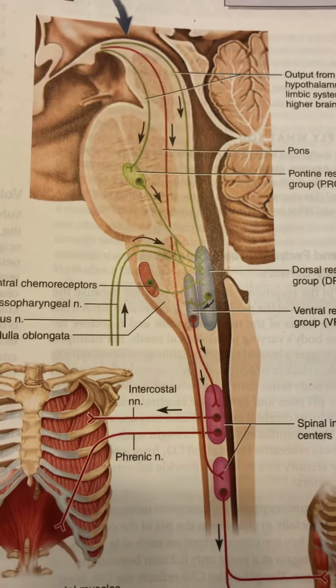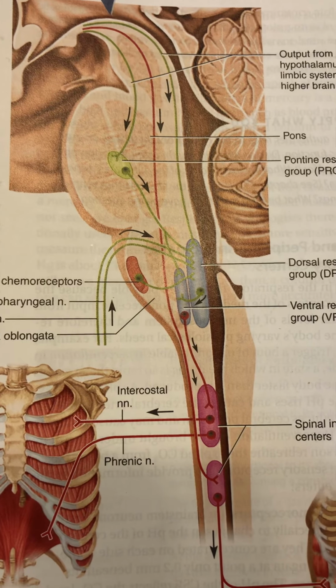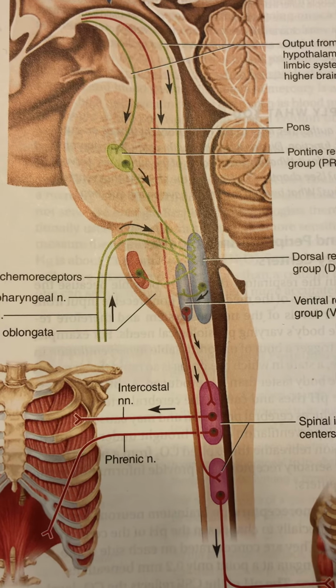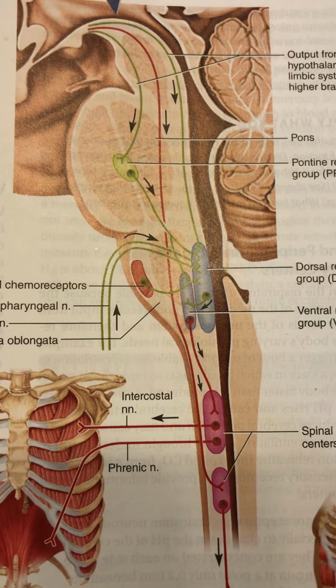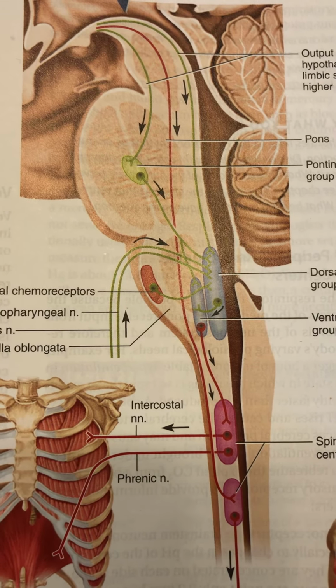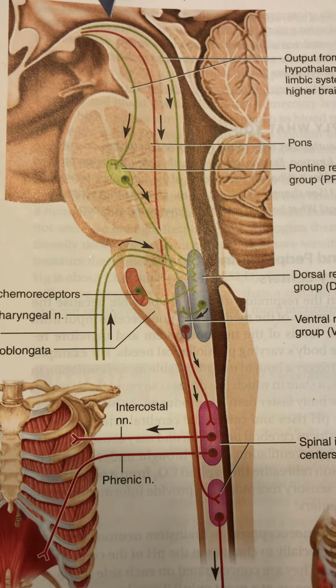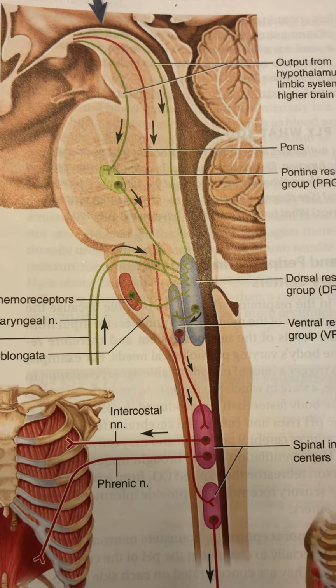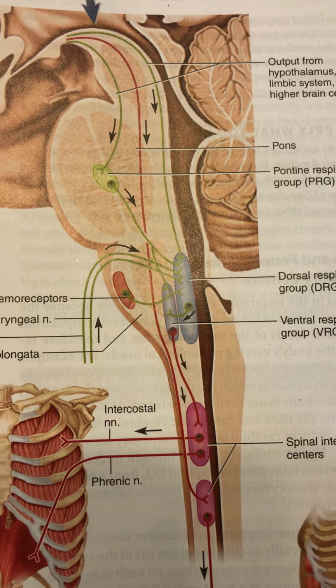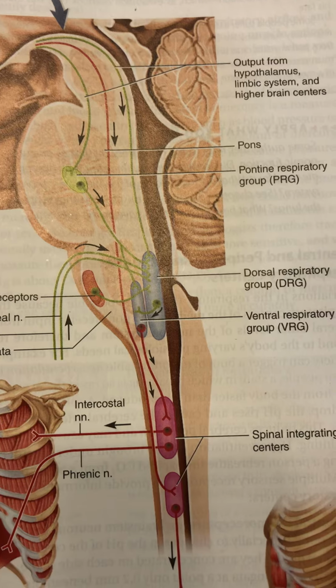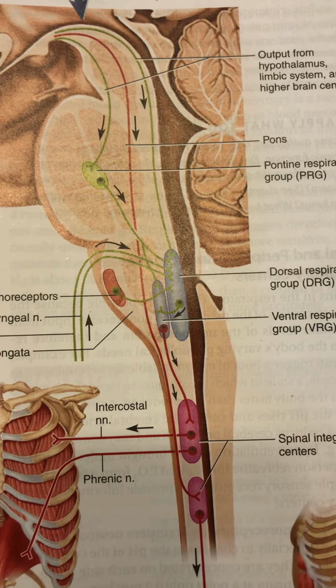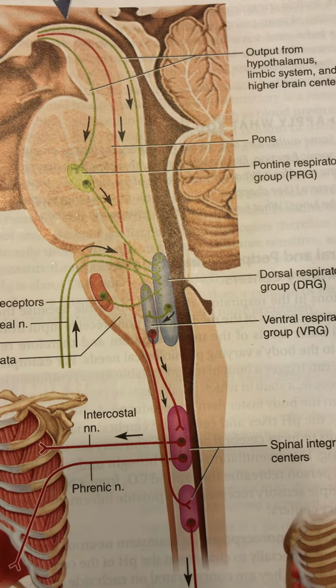The ventral respiratory group is the primary generator of the respiratory rhythm. It is an elongated nucleus in the medulla with two commingled webs of neurons, inspiratory neurons and expiratory neurons. The ventral respiratory group generates the rhythm of breathing.